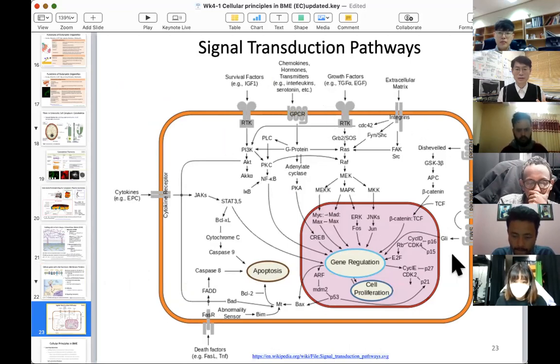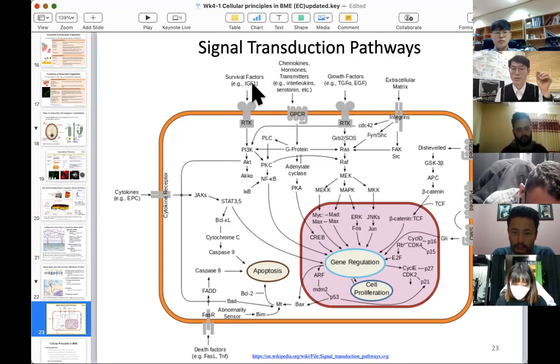But let's see, these are the cells. And so these membrane proteins, for example, like this IGF-1, which is insulin-like growth factor 1. So that's a ligand, and this is providing survival. When it interacts with a receptor called RTK, which stands for receptor tyrosine kinase.